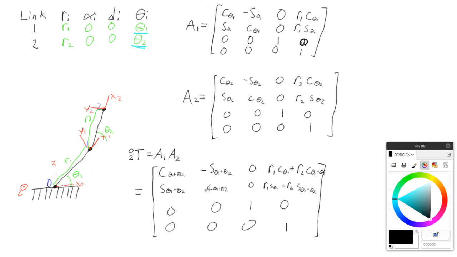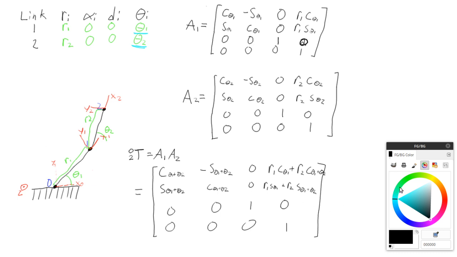So this is our final thing here. And we can't use this alone, as it is, to figure out where frame 2 is relative to 0. But what we can do is dissect this.